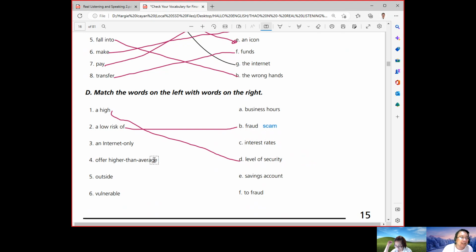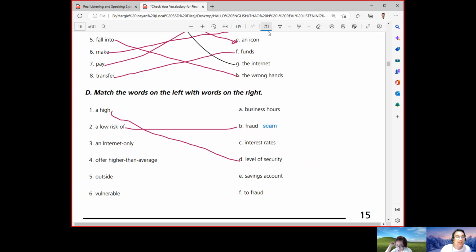Next, number 3, an internet-only savings account. I don't know this word, but that would be an internet-only savings account.